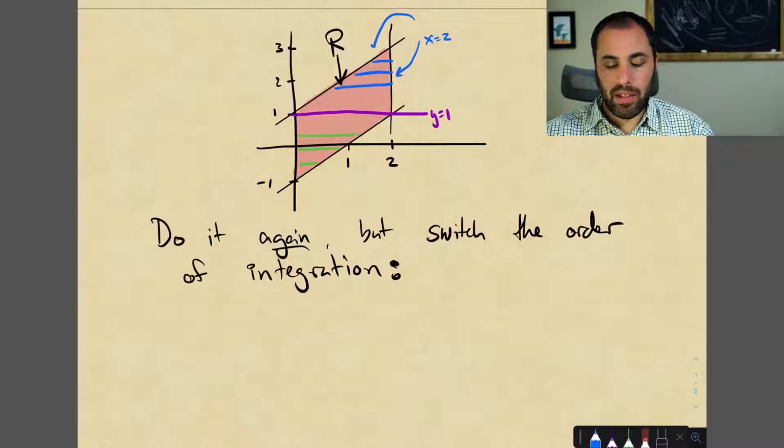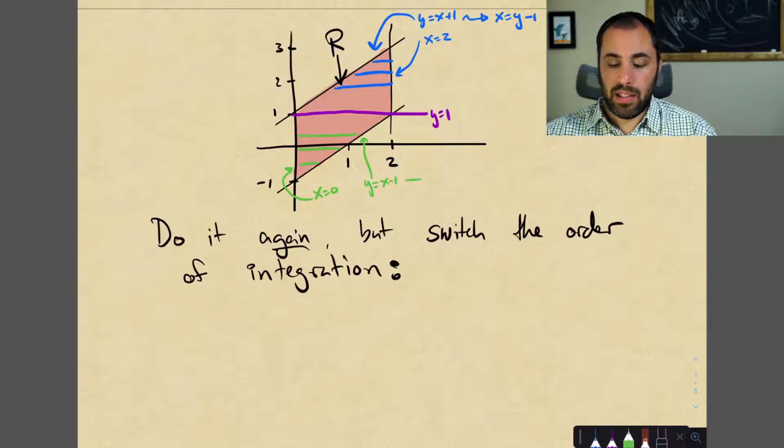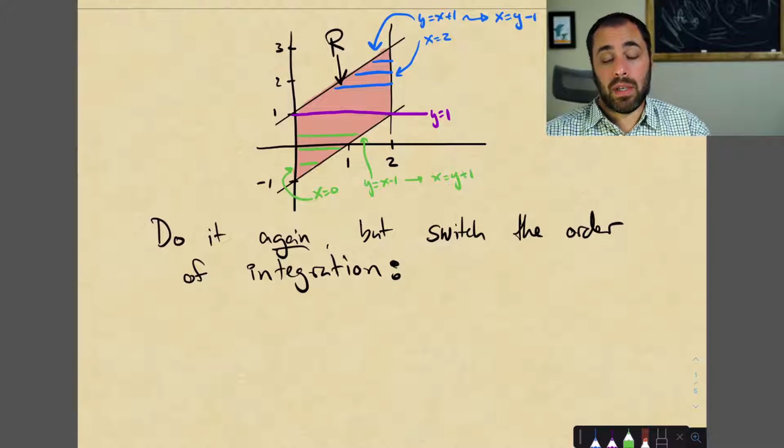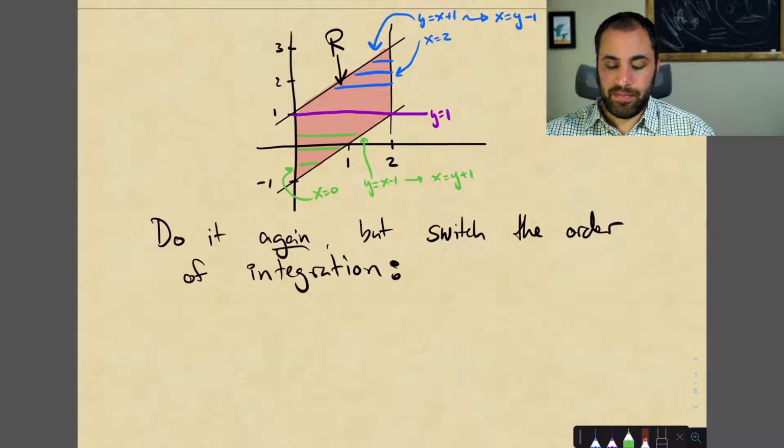But these green lines I've drawn on the bottom, they have their left bound, their lower x bound at x equals 0, and their right bound at x equals y plus 1. And well, where does it switch? Where do these green lines become blue lines? This happens at the line y equals 1, is where the left and right bounds would change.